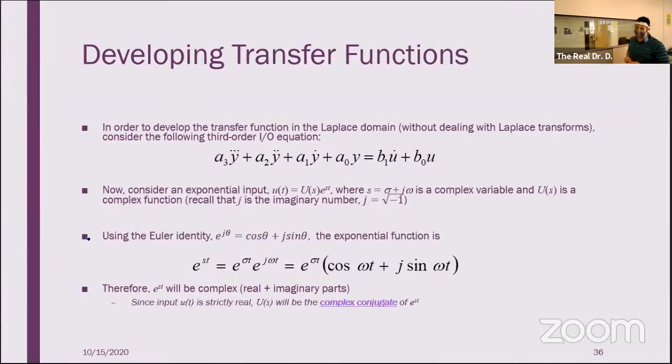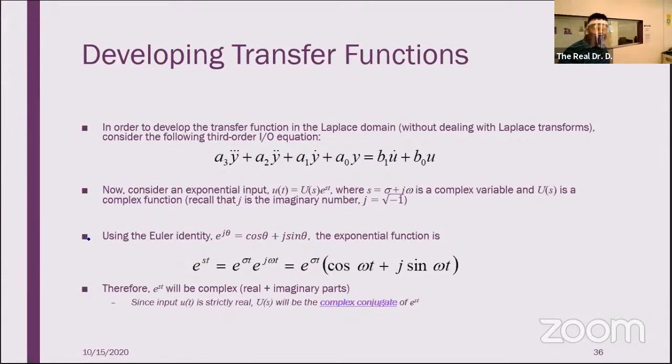Okay. So if we use the Euler identity, e to the j theta is equal to cosine theta plus j sine theta. We're going to use j as our complex number, not i, but j. Then the exponential function that we're given turns into e to the sigma t times cosine omega t plus j sine omega t.